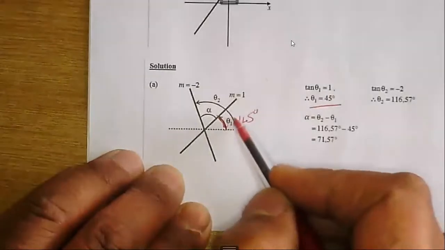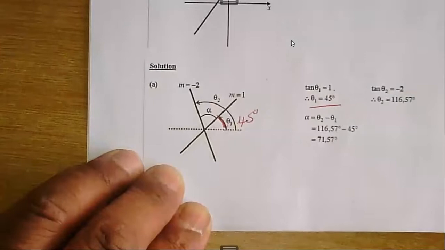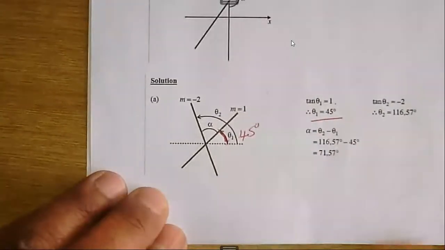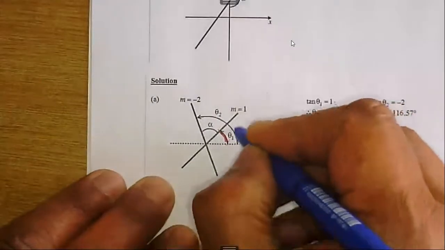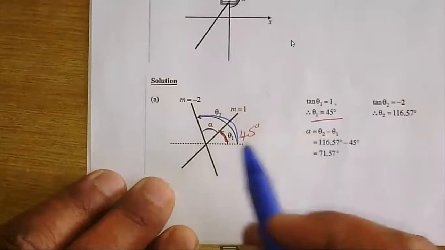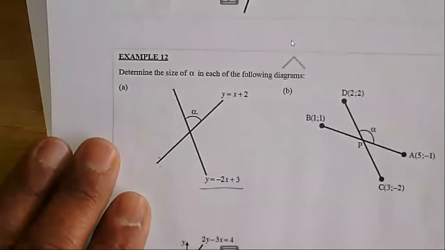Then you take the other one, which is there. Can you see it, guys? I'm using another color pen to show you. This is the other angle, which is theta 2. And that gradient is this line: y equals minus 2x plus 3. So the gradient is minus 2.